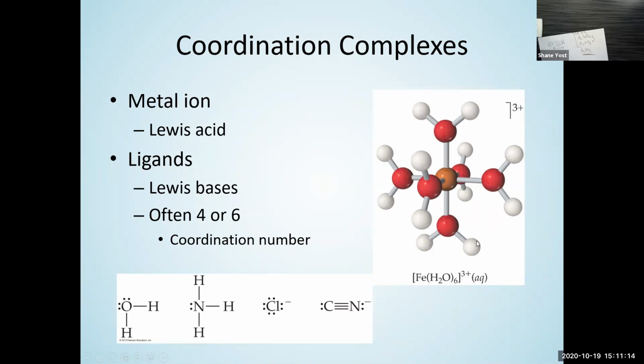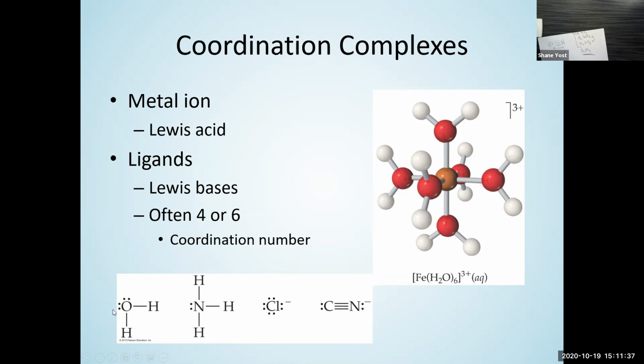This is a coordination complex, and the formation of this complex is a Lewis acid-base reaction where the ion acts as a Lewis acid, and these ligands act as Lewis bases, donating their electron pairs to the central metal ion. Okay.